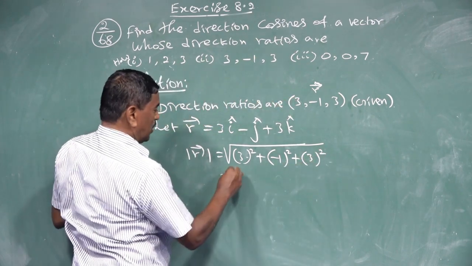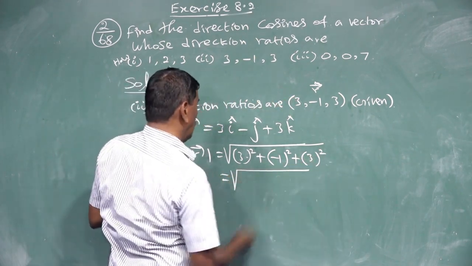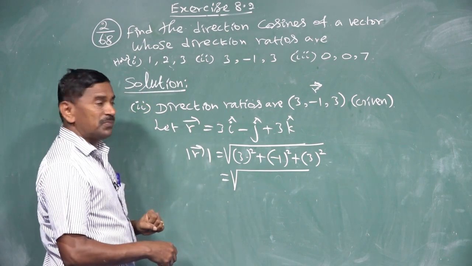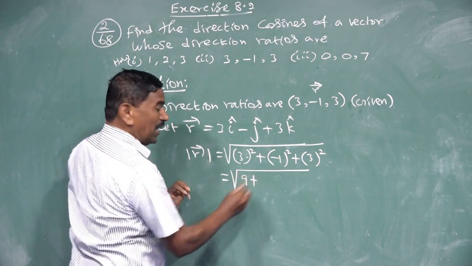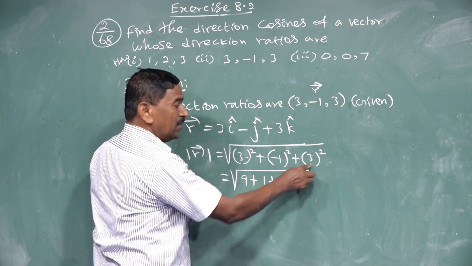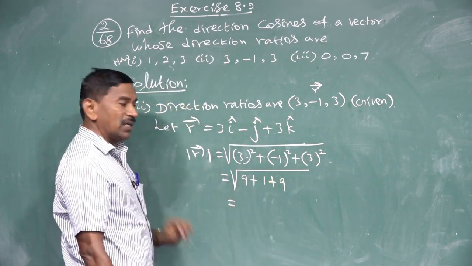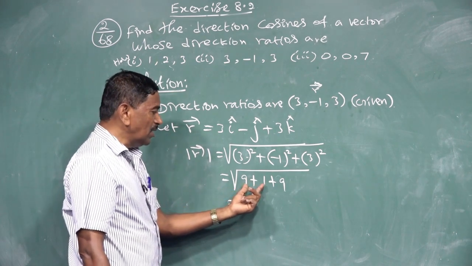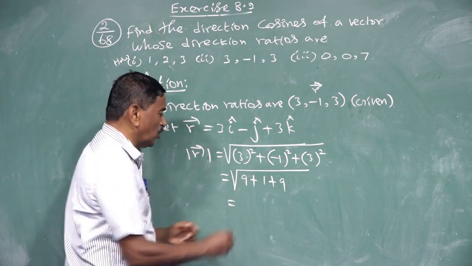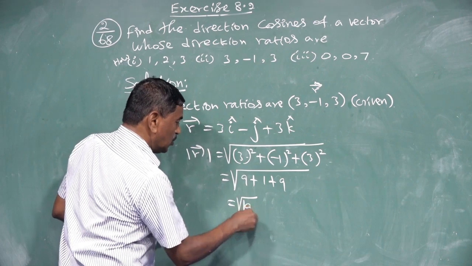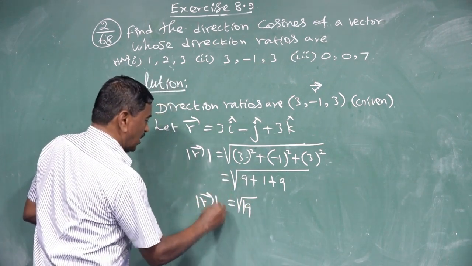That is 9 plus 1 plus 9, which is 19. So square root of 19 is modulus R vector.